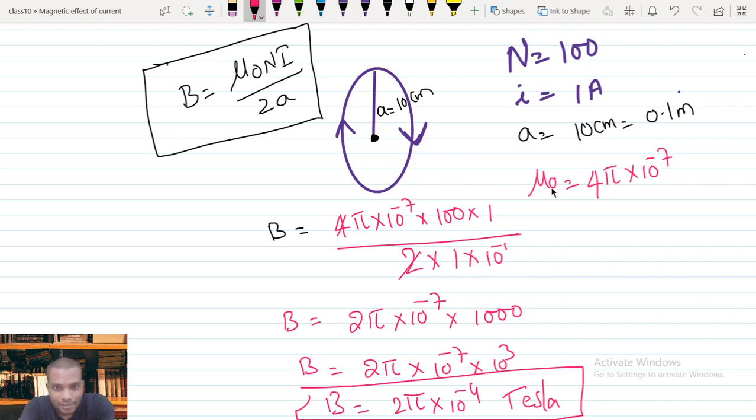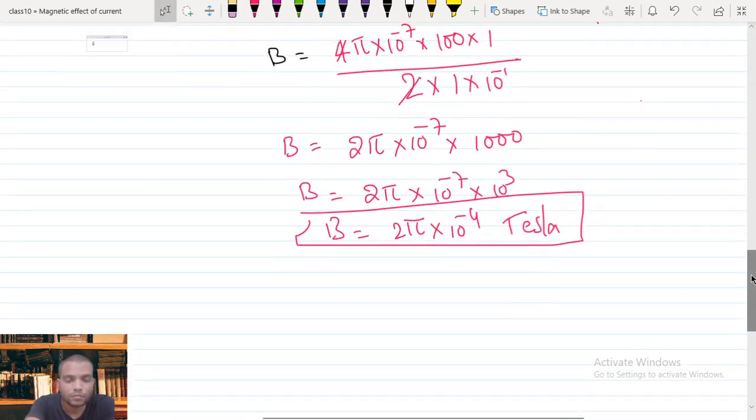Check it out: curl your right hand fingers in the direction of current in the loop, and the extended thumb gives the direction of the magnetic field. So let's try one more problem.